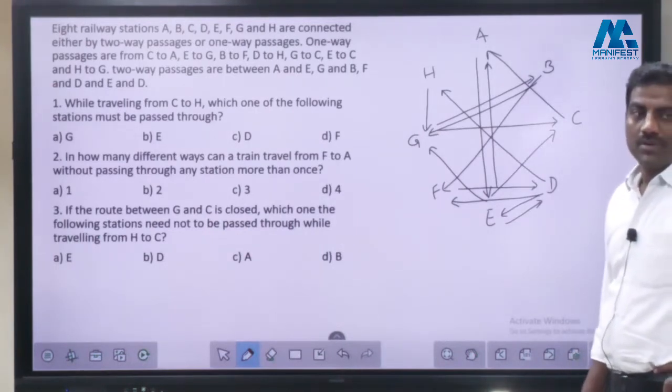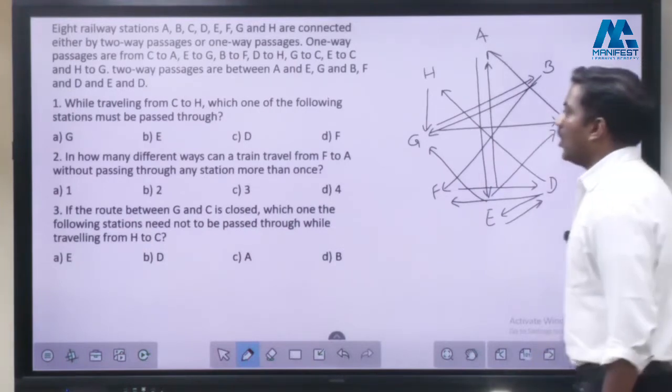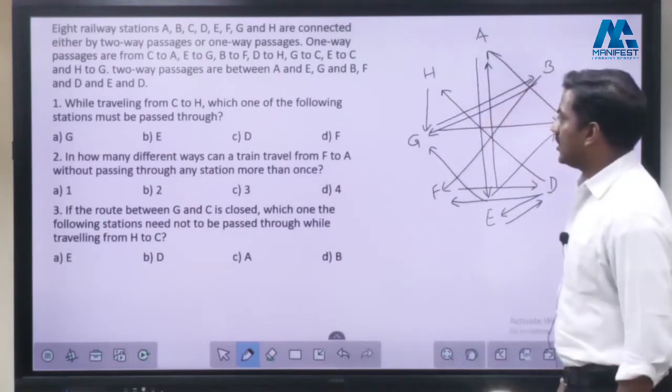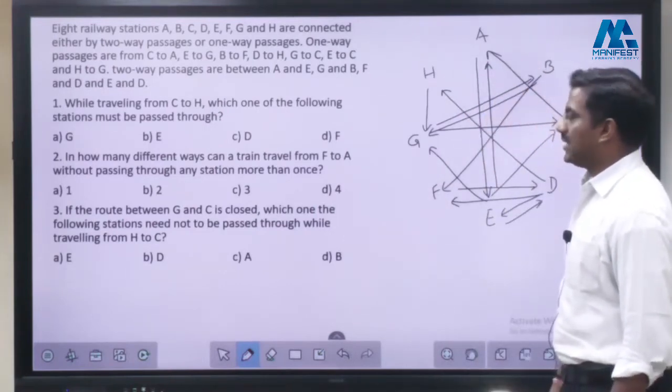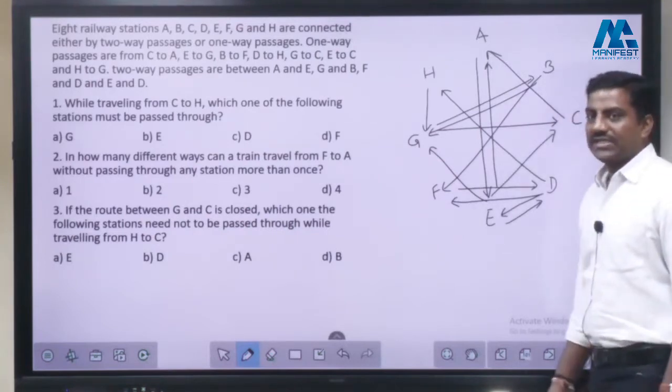Yeah? No. Correct now? Yeah. Now, while traveling from C to H, which of the following stations must be passed? C to H.